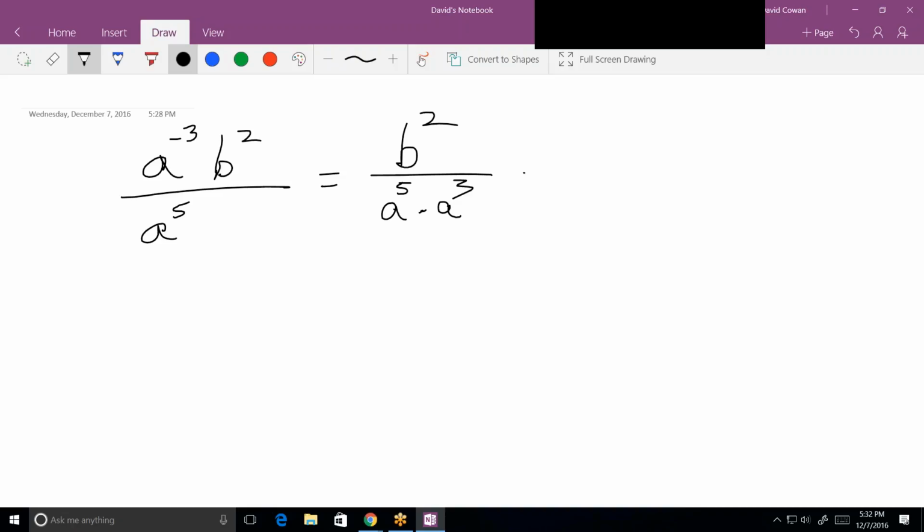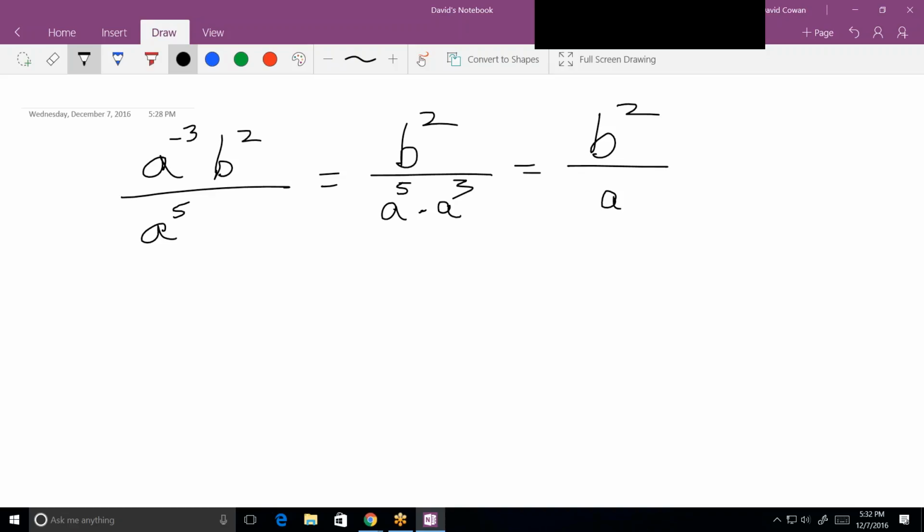Okay? Now the problem actually becomes a little easier because you don't have to deal with negative numbers or subtraction. So what's my answer? B squared over what? Would it just be a to the second, or a squared?